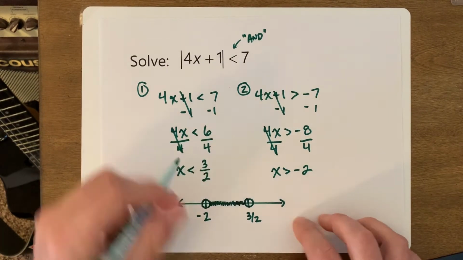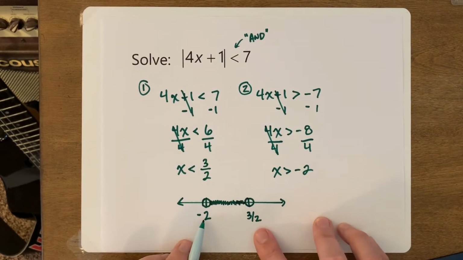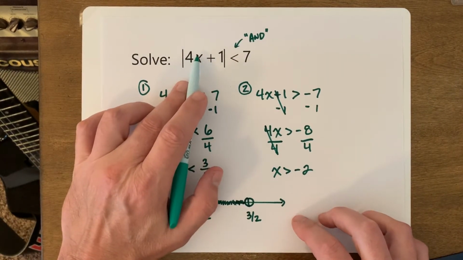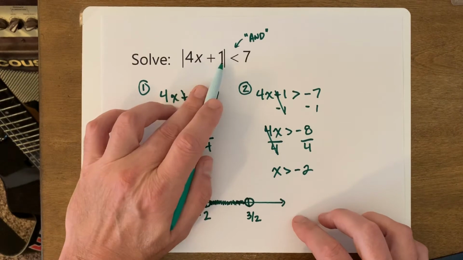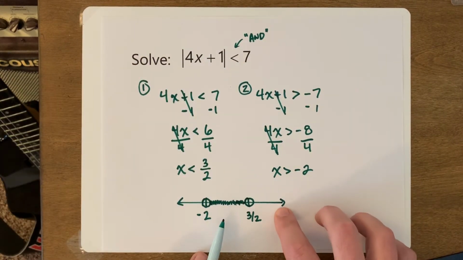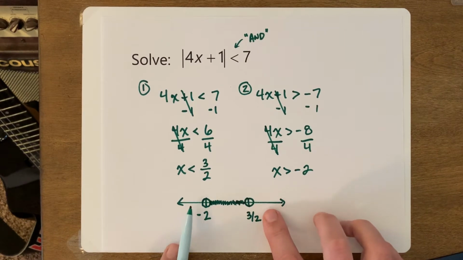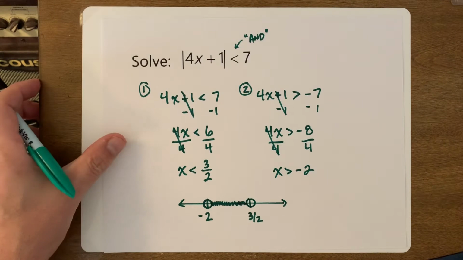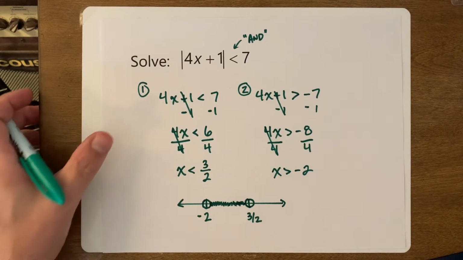And so we see if we pick any number between negative 2 and 3/2, such as 0, it should work. And so if you plug in 0 here, you're going to get 1. Absolute value of 1 is 1, and that's definitely less than 7. So we do have the correct part shaded right there. And if you pick any numbers on the outsides that are not shaded, they should not work for that right there. All right, let's try this one.